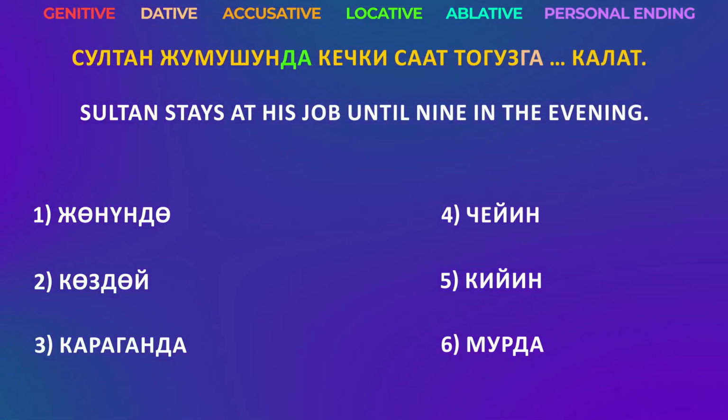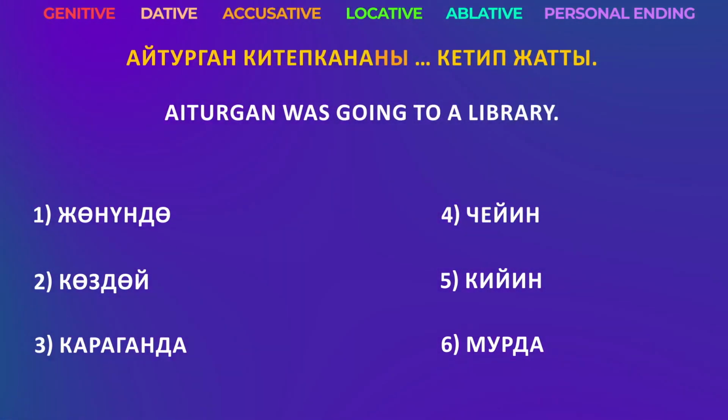Султан жумушунда кечки саат 9-га, linking word, калат. Sultan stays at his job until 9 in the evening. So what is the right one? So the correct answer is чейин. And the next one is Айтурган китепкананы, linking word, кетип жатты. Айтурган was going to a library.